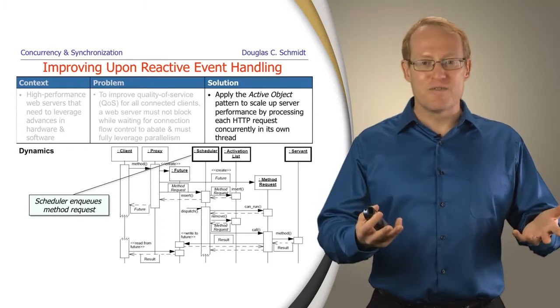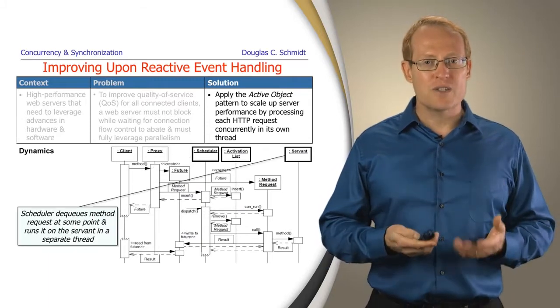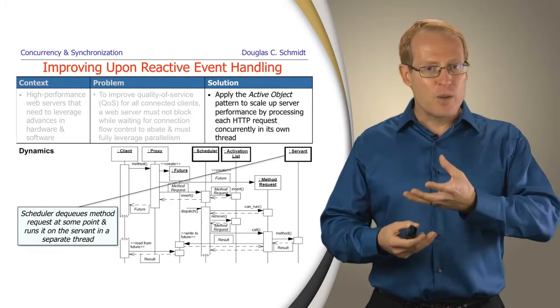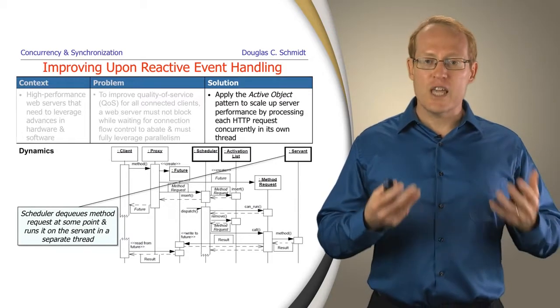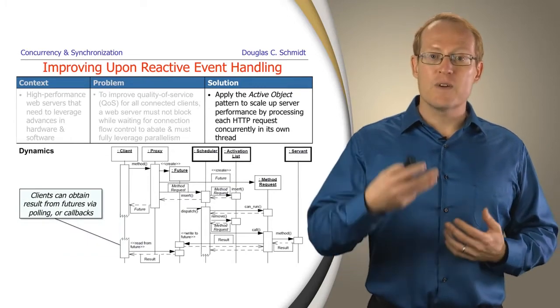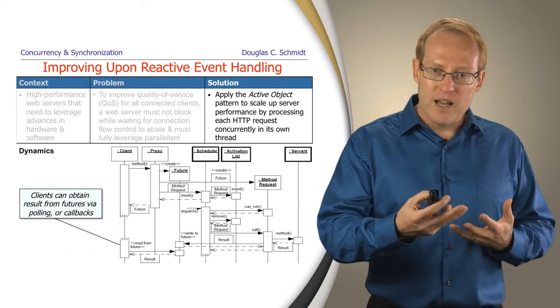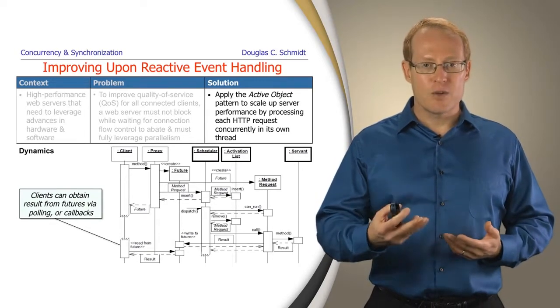It may simply run things in FIFO order. It all depends on how you implement things. The scheduler will enqueue the request and then later pull it off, convert it back into a method call onto the servant that actually carries out the request. And after the servant is done, the servant will end up, as a side effect, updating the future so the client can then get the result.